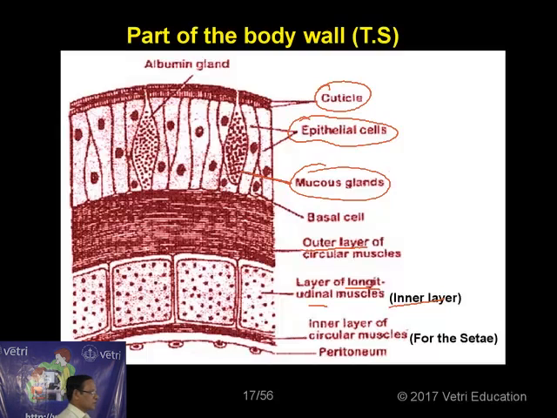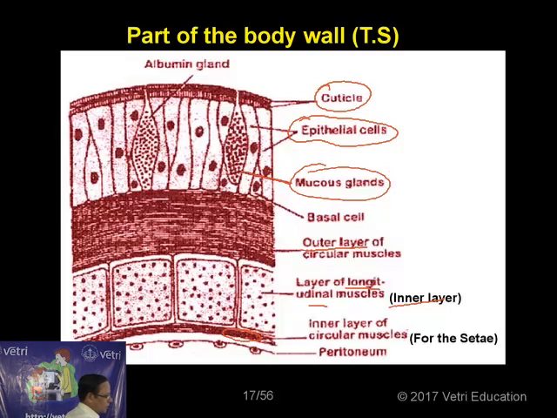Then we have circular muscles for the setae, a small group of muscles for retraction and extension, the protractor and retractor muscles. They are nothing but circular muscles only.